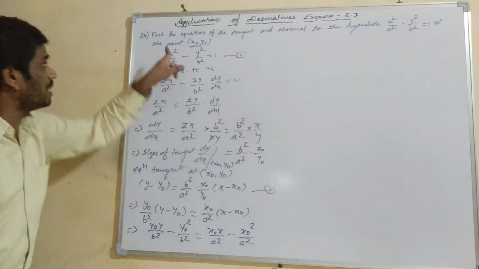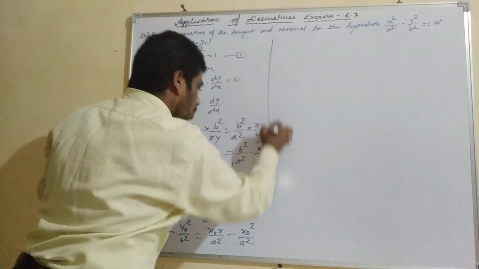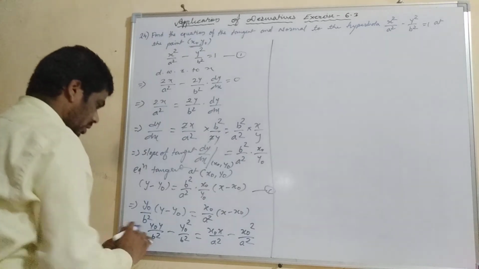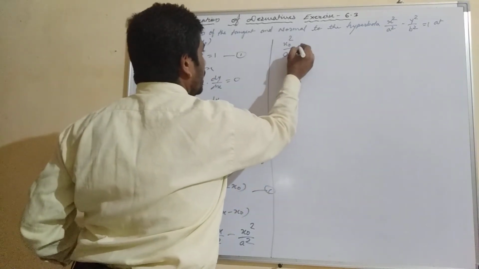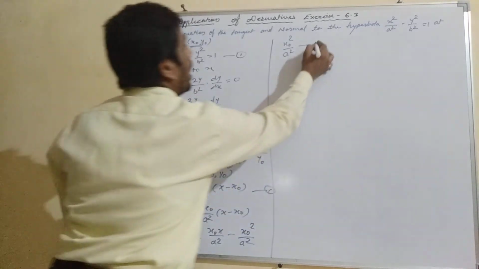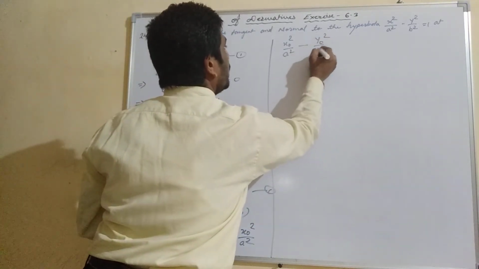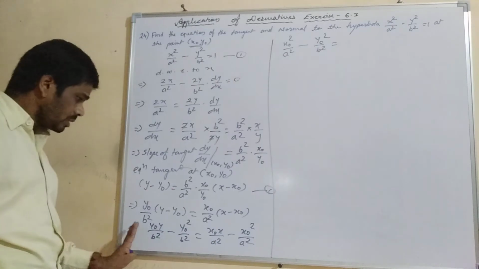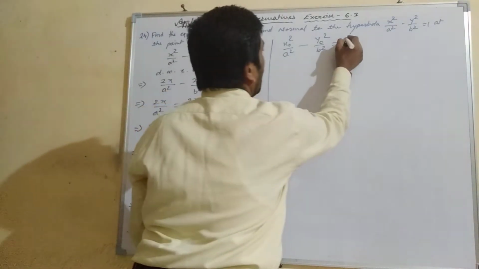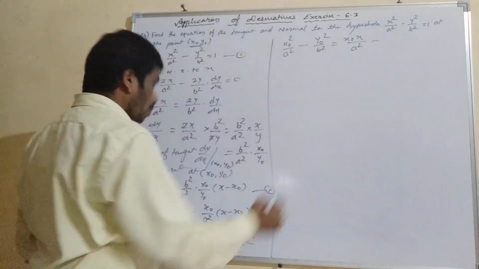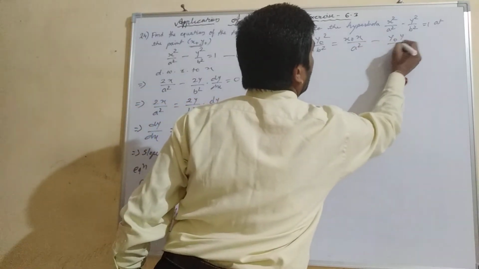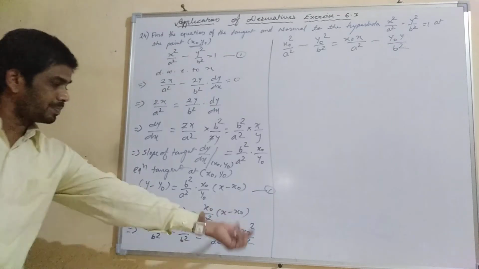Now this we have to make positive, so we will shift this side. So x naught squared upon a squared minus y naught squared upon b squared equal to x naught x upon a squared minus y naught y upon b squared. Okay, this we have shifted.